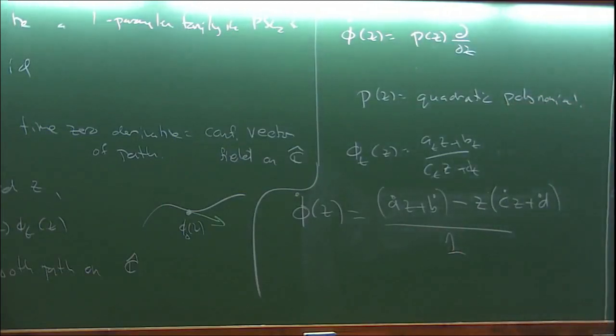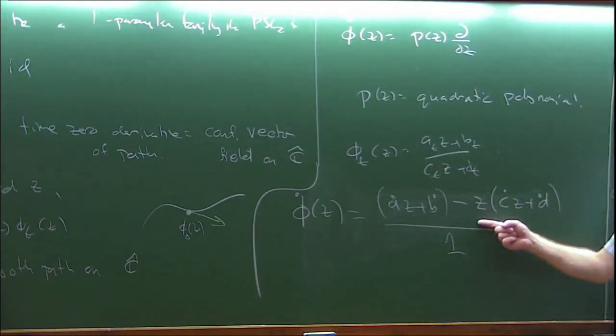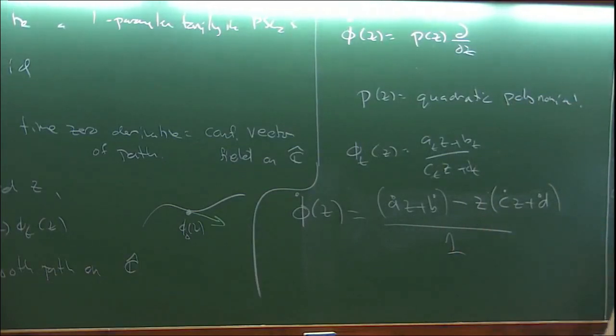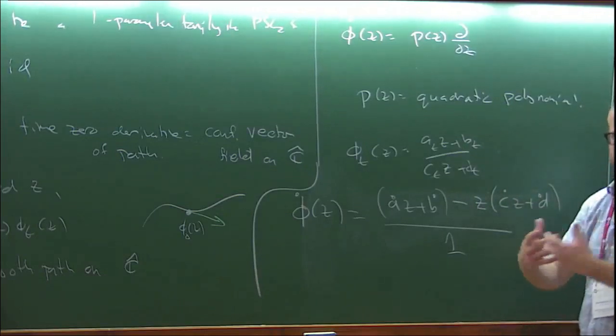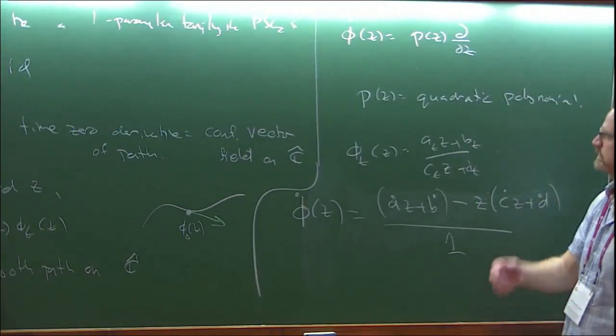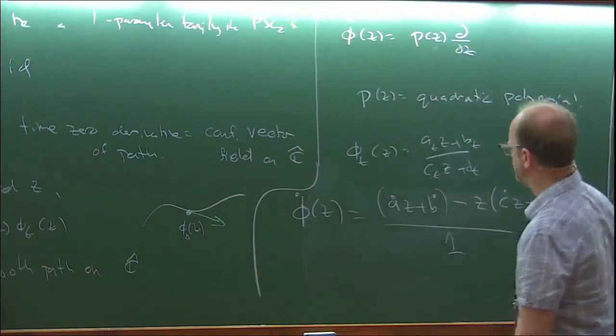Okay. And indeed, this is exactly a quadratic polynomial, as I predicted, as I said. I mean, but this is a general fact. When you have conformal automorphisms of the Riemann sphere, they're always going to be represented by a quadratic polynomial times d dz.